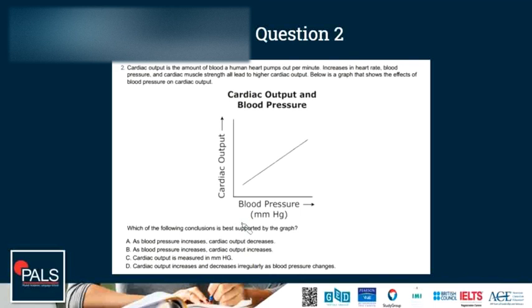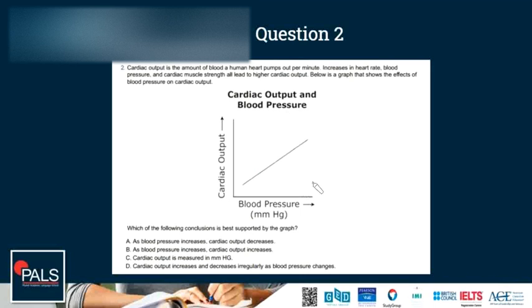So before we have a look at our possible answers, let's quickly have a look at the graph and what it shows. We can see that with increasing blood pressure, which is on the x-axis, the cardiac output will go up. And the graph again shows us cardiac output based on blood pressure.